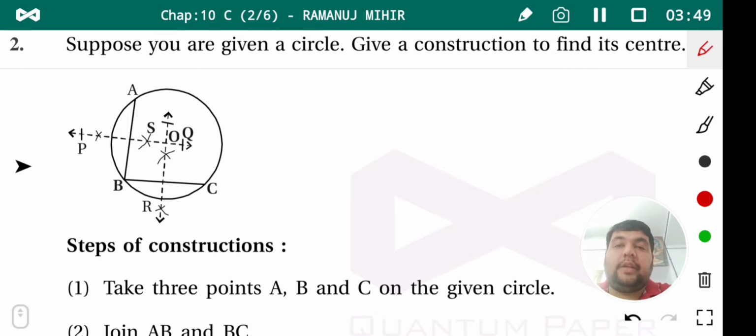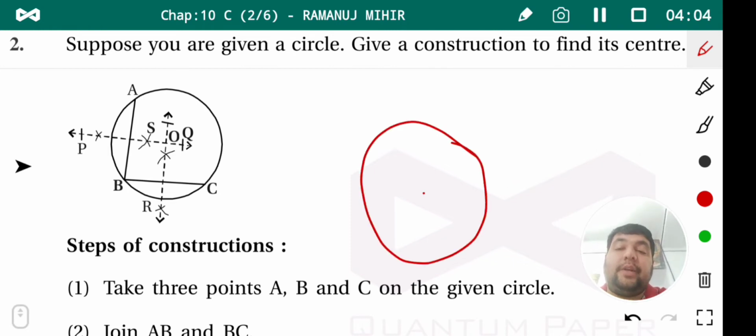It means that if we have a circle and we don't know where the center of the circle is, we cannot assume it. Let us draw a circle and put a point. It may or may not be the center of the circle. The assumption may be wrong.